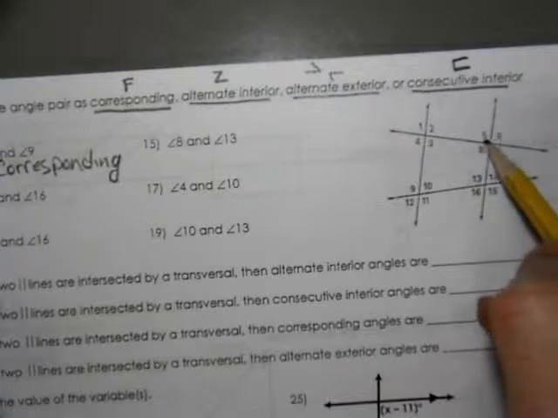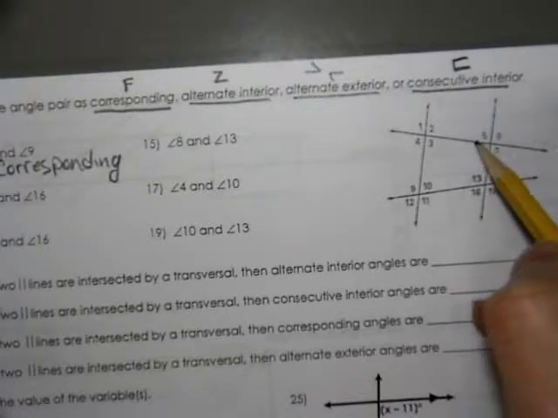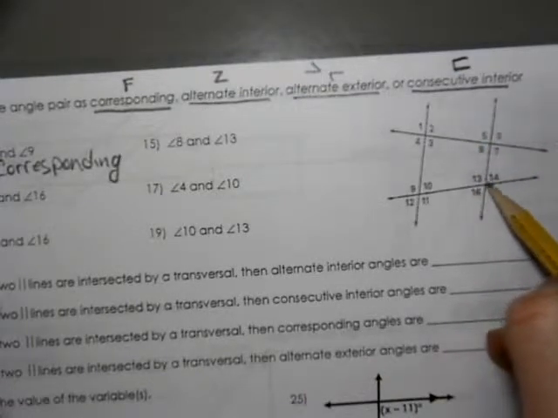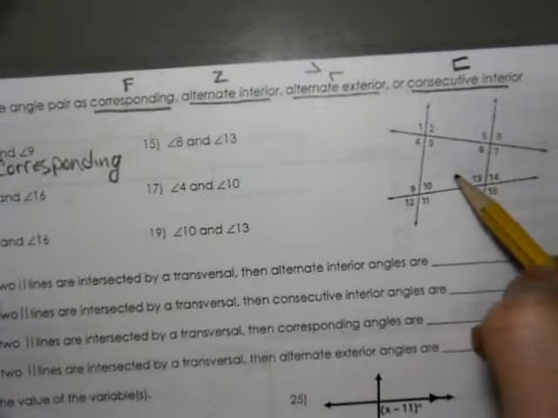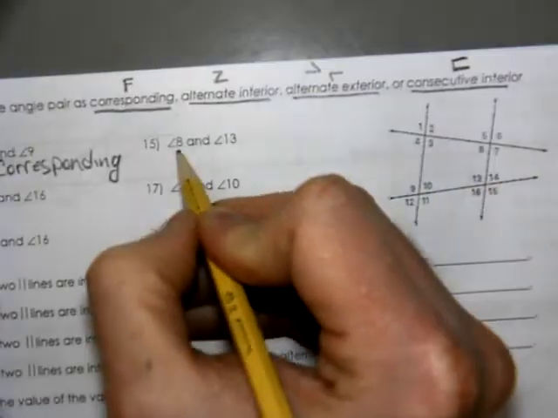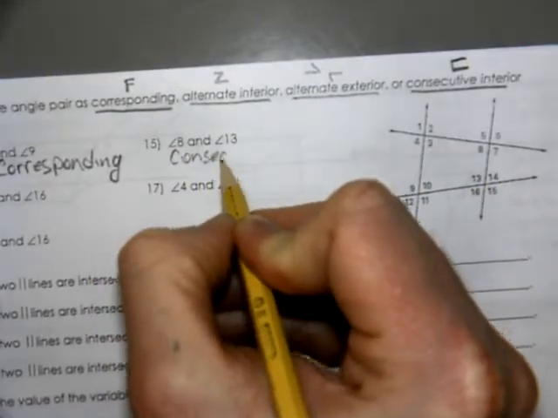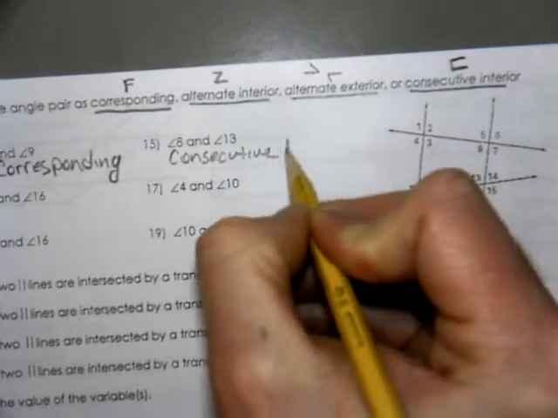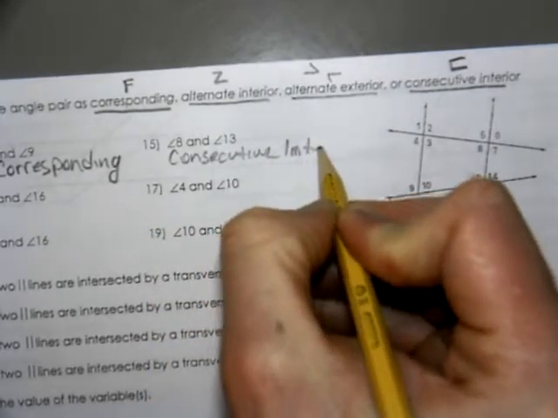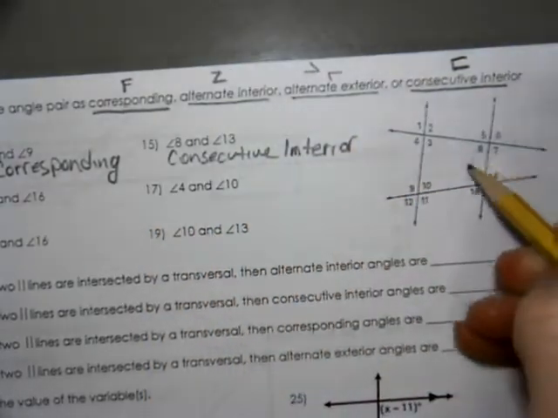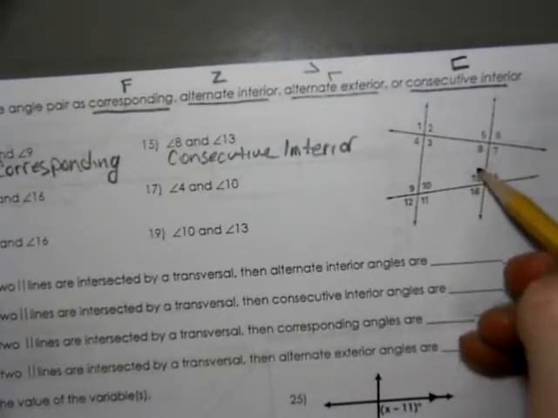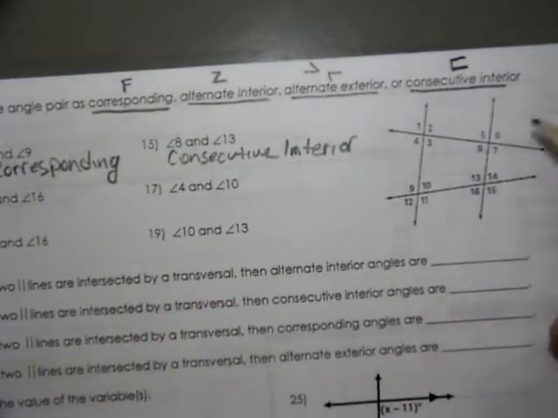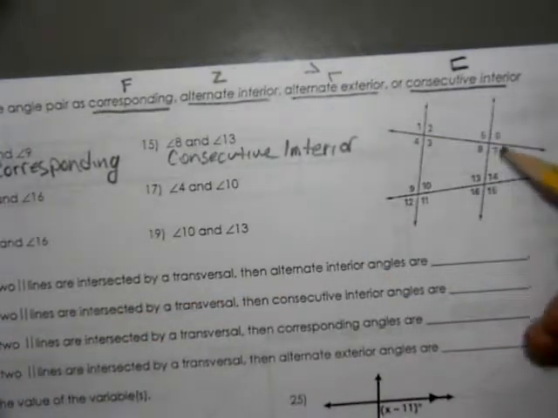If you trace out 8, and you trace out 13, you see that it's going to make that big C shape. It's kind of backwards C, but it makes a C shape, which is consecutive interior. They're both inside the 2 parallel lines, and they're on the same side of the transversal.